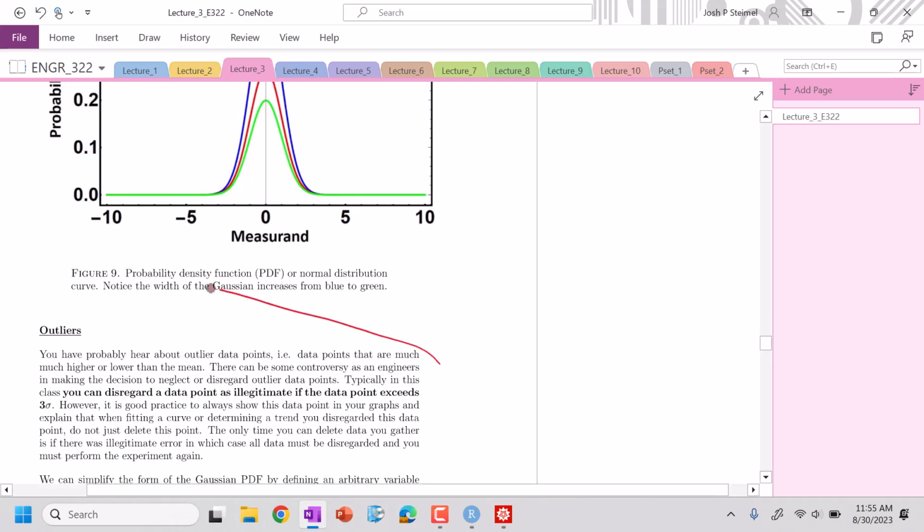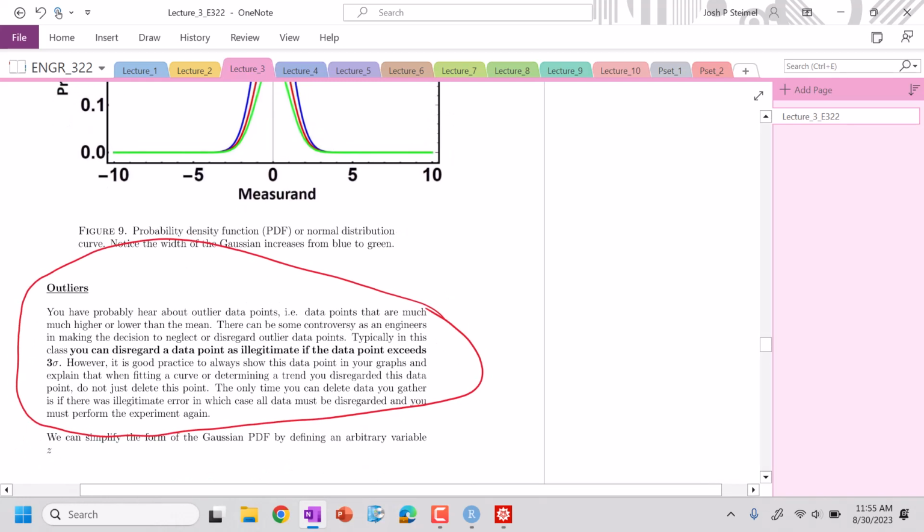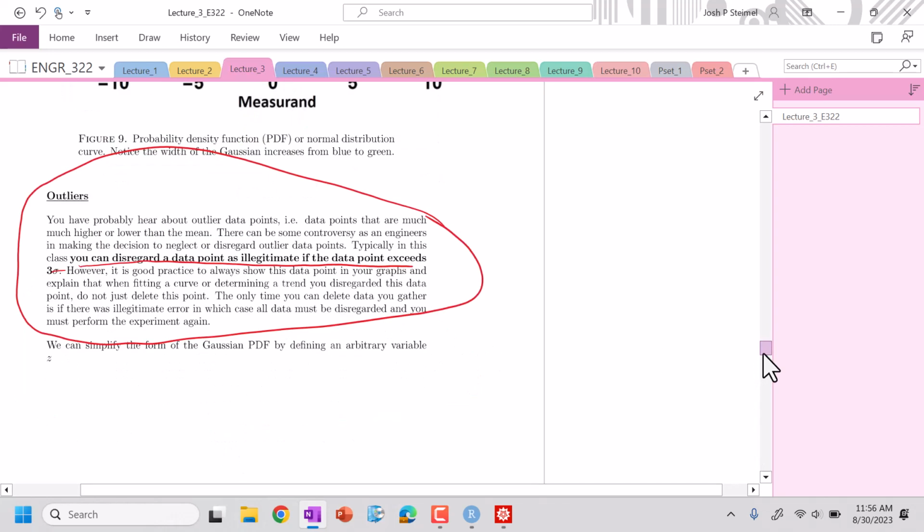Another cool thing here is we're going to talk a little bit about outliers. We have to include outliers in our data set, but you can disregard a point as illegitimate if the data point exceeds 3 sigma of your distribution. So you can remove that when you do your subsequent analysis, but we have to still show that on our chart. So that is our definition of an outlier.